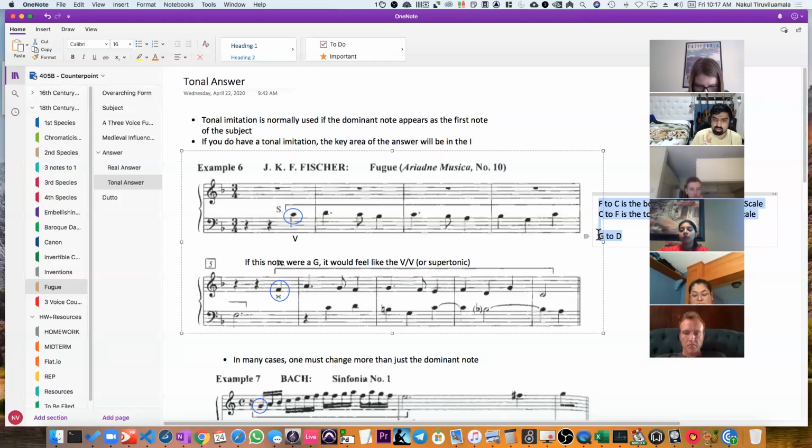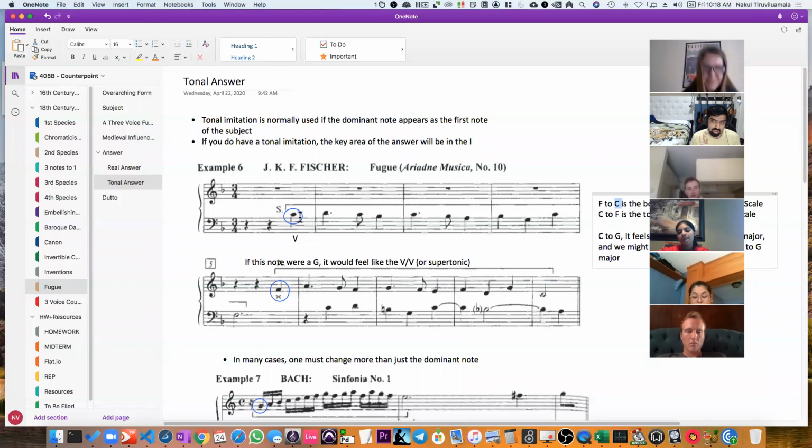If we actually did C to G, it feels like we're no longer in F major anymore. And we might even feel like we're going to G major. So this is the important thing to realize. This melody note C kind of touches the dominant.